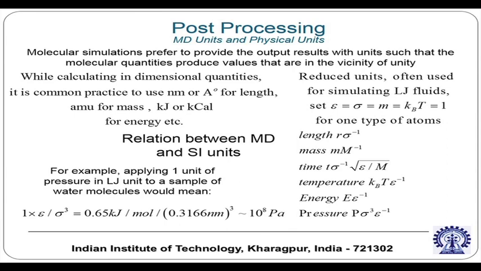So the reduced units are commonly used for simulating Lennard-Jones fluids. You set sigma equal to epsilon equal to k_B equal to m equal to 1. Now the length is normalized by the parameter sigma, mass by the molecular mass, time by this parameter.